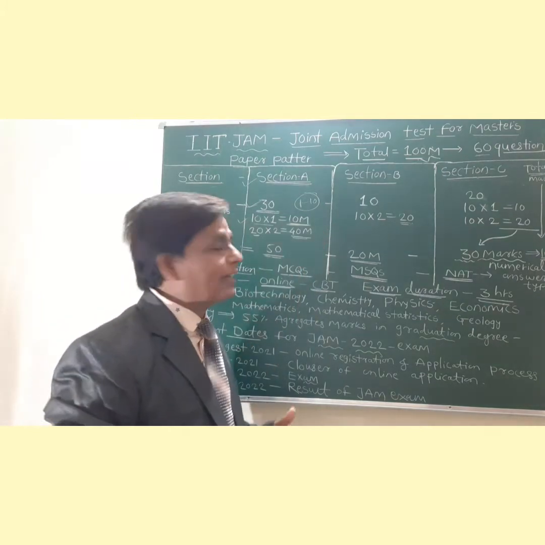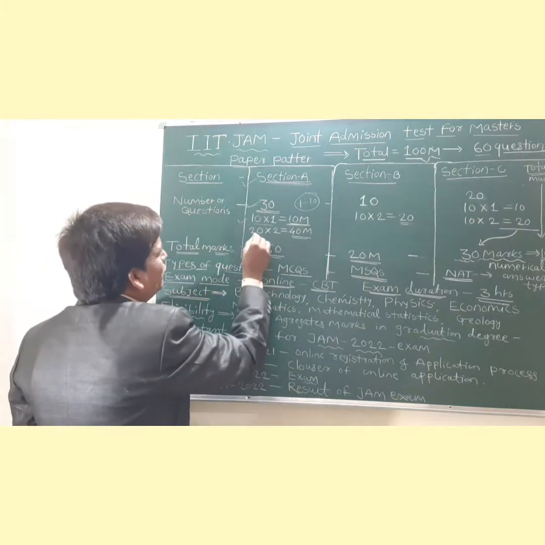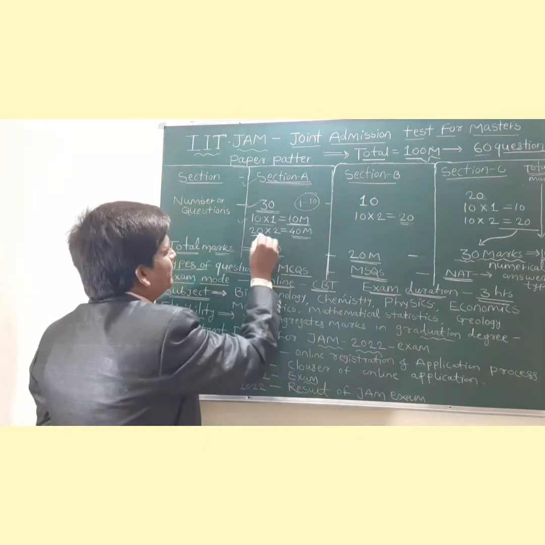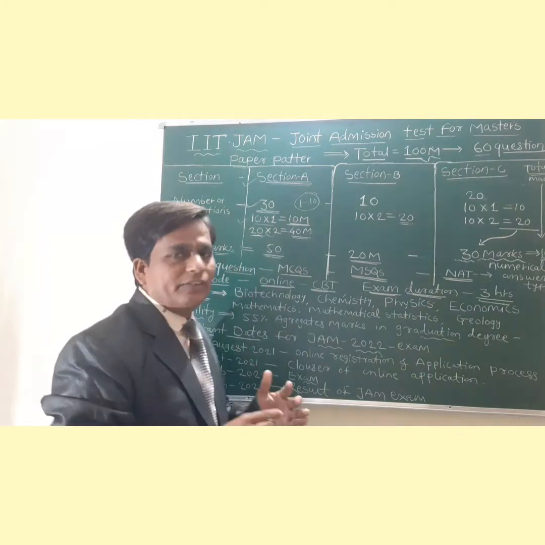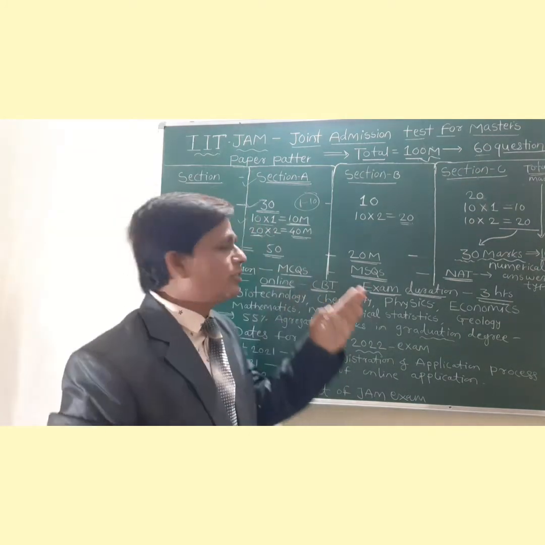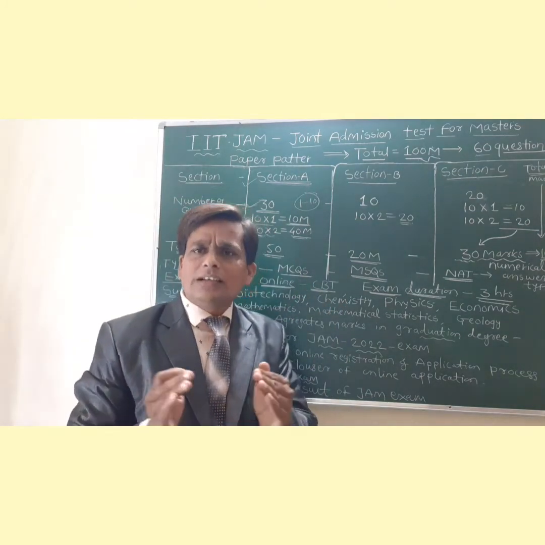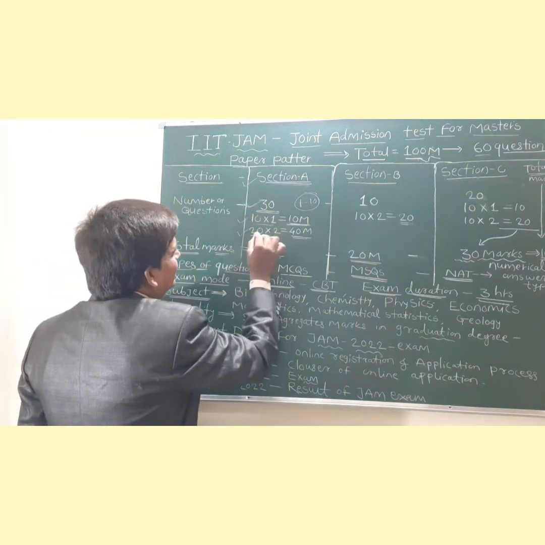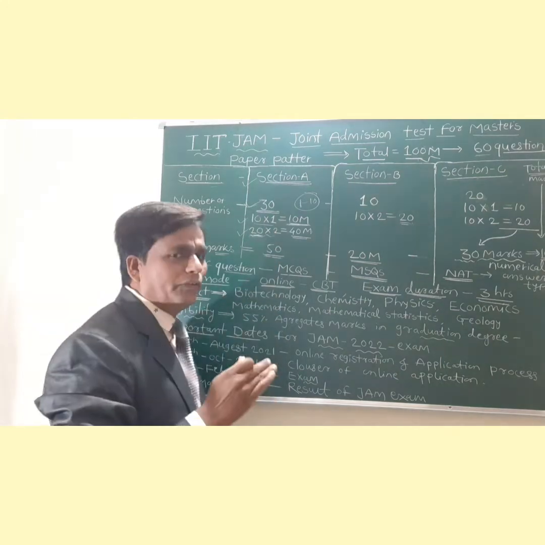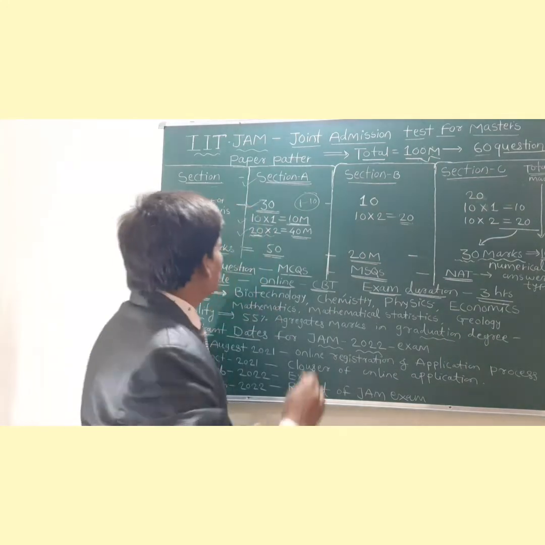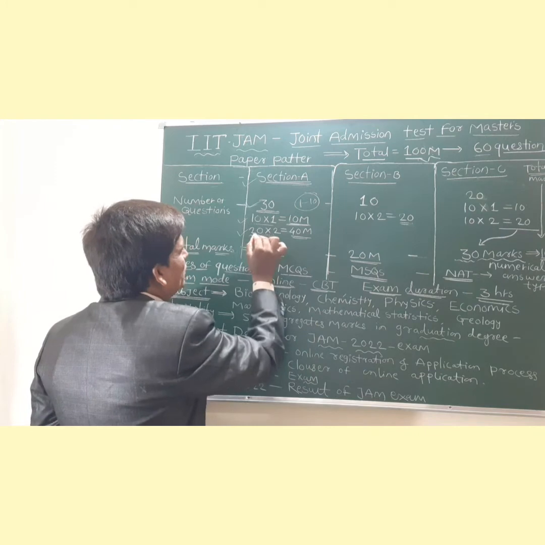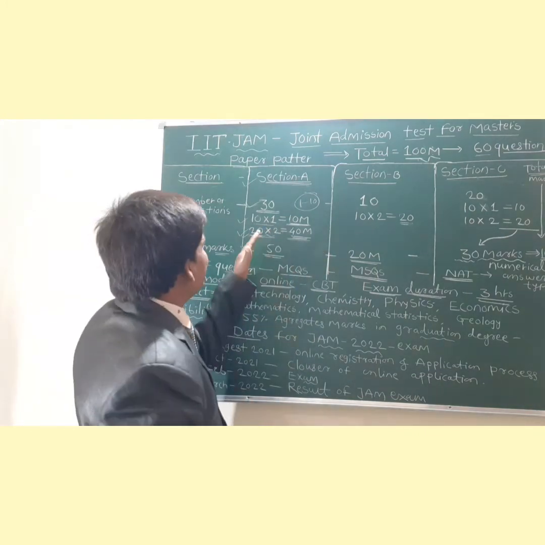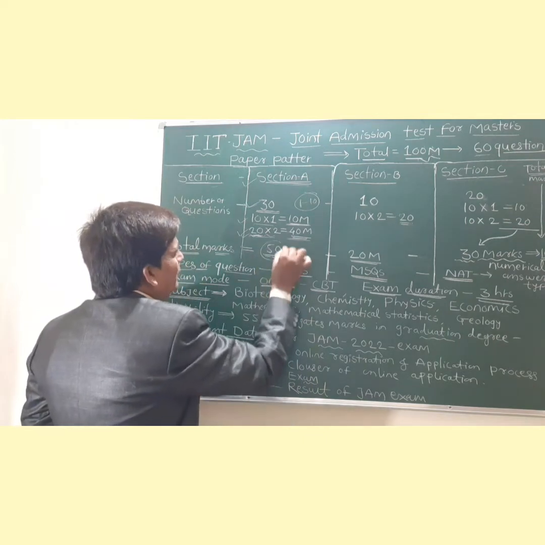The remaining 20 questions carry 2 marks each. The difficulty level is different for each: the first 10 questions are somewhat easy, while the 20 questions have a somewhat higher difficulty level, carrying 2 marks each, 20 into 2, total 40 marks. So section A has a total of 50 marks.